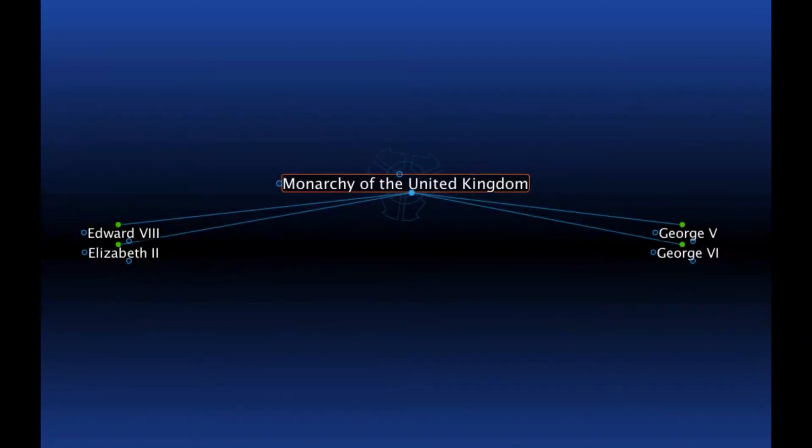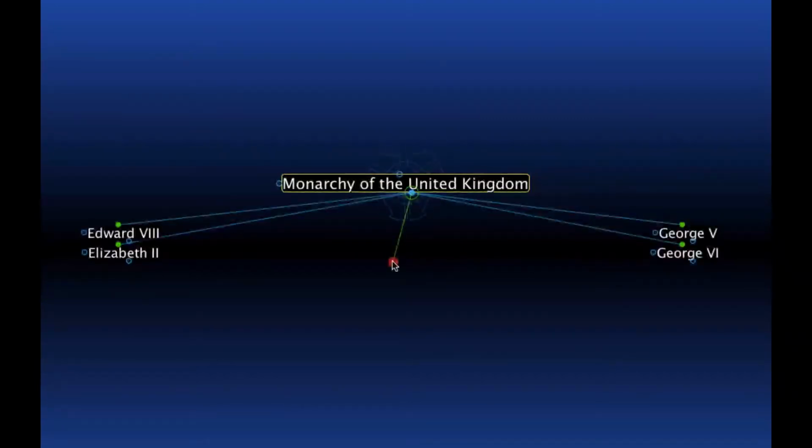Okay, so if we come back to our monarchy of the United Kingdom, with the additional ones that I've entered in, you see our structure's not quite yet right. The original kings and queens that I've added in here have come directly under the monarchy item, but aren't attached further.